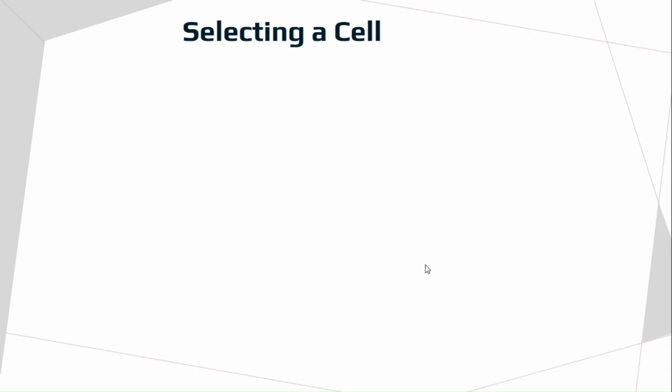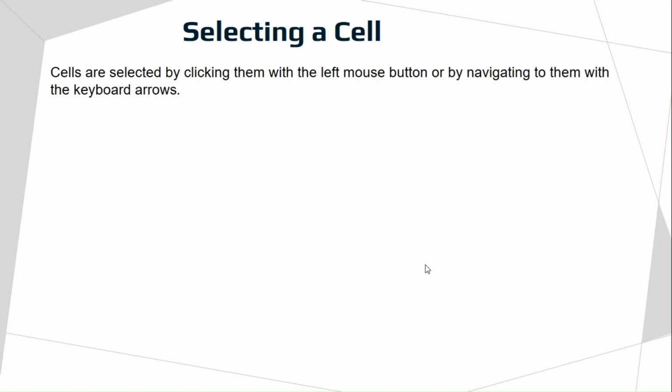The first operation for selection is selecting a cell. We'll look at how you can select a cell. Cells are selected by clicking them with the left mouse button or by navigating to them with the keyboard arrows. It is easiest to use the mouse to select cells. However, if you want to use your keyboard, it's still fine. Let's take a look at this.